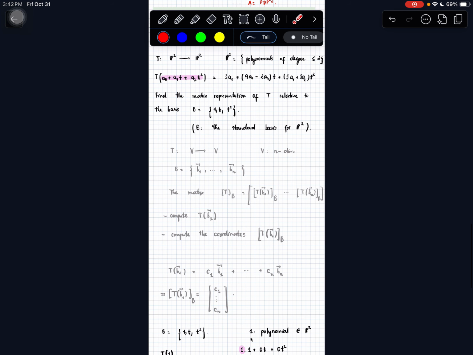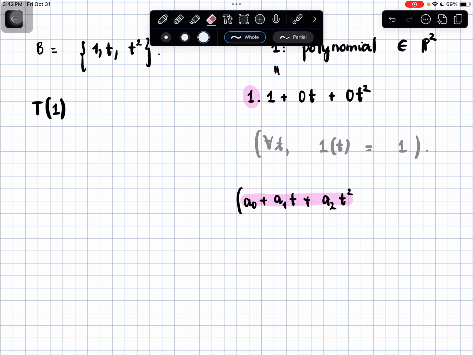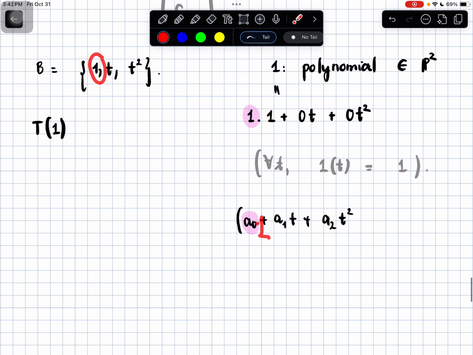We have a0, a1, a2. So let me copy it here. a0 is 1, the constant, a1 is 0, and a2 is 0.